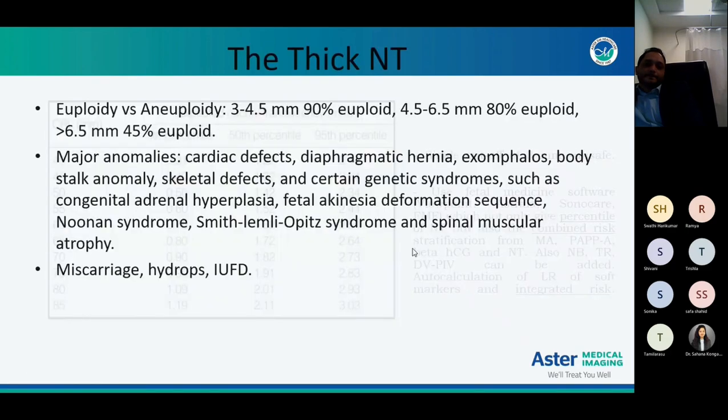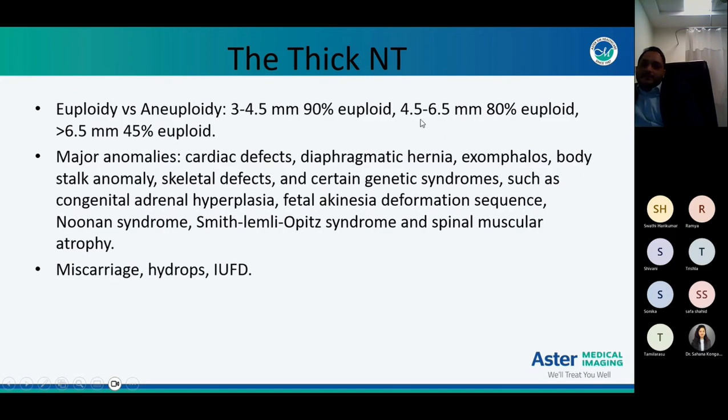What does a thick nuchal translucency mean, and how do we manage it? Increased nuchal translucency doesn't always mean aneuploidy. If the nuchal translucency is 3 to 4.5 millimeters, then there is a 90% chance that the baby is euploid, that is, normal.